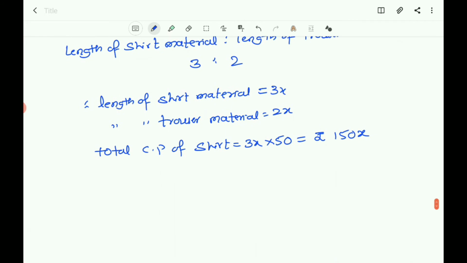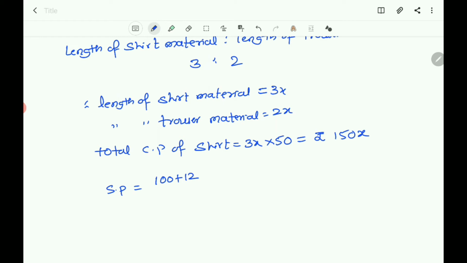Next, the selling price of the shirt is given. For 100 rupees, it is 12% profit, that is 100 plus 12. Take SP equal to 100 plus 12.